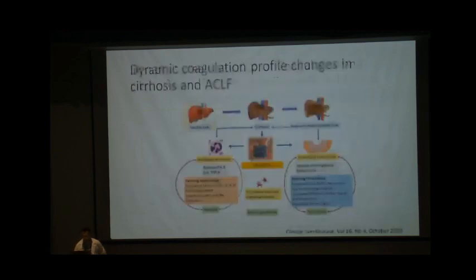So there are dynamic coagulation profile changes seen in patients with cirrhosis and ACLF and acute and chronic liver failure. There's a state of neutrophil activation and endothelial dysfunction and release of inflammatory cytokines, and there's a decrease in the procoagulant factors, and defect in the fibrinogen or dysfibrinogenemia.